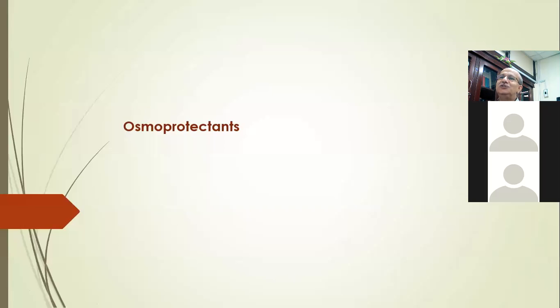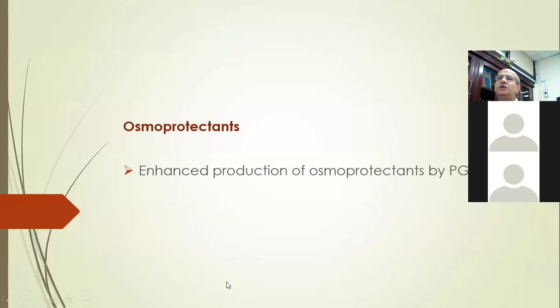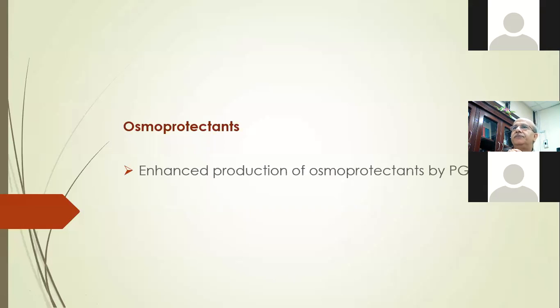If you don't want to respond, I tell you what are the osmoprotectants. They enhance production of osmoprotectants, and when you inoculate with PGPR, they enhance the production of osmoprotectants by PGPR. So what is the osmotic effect?